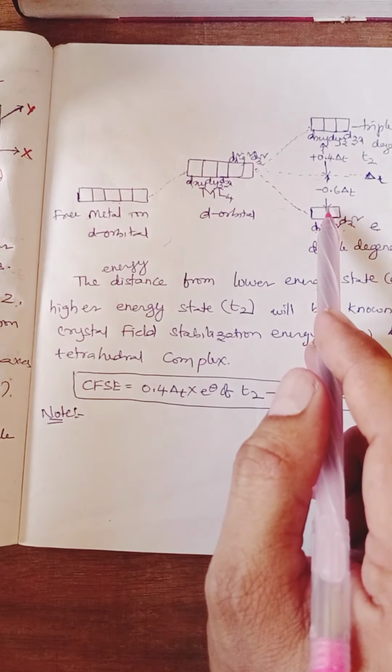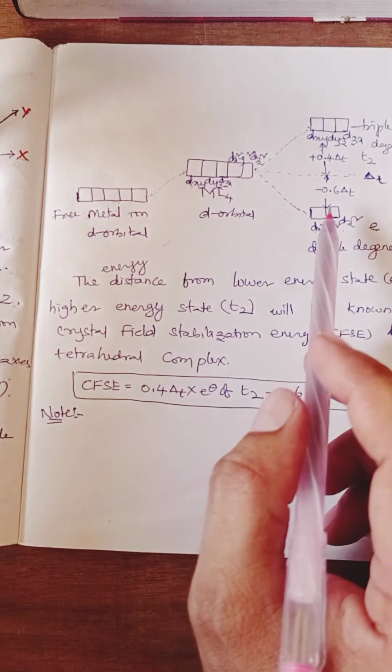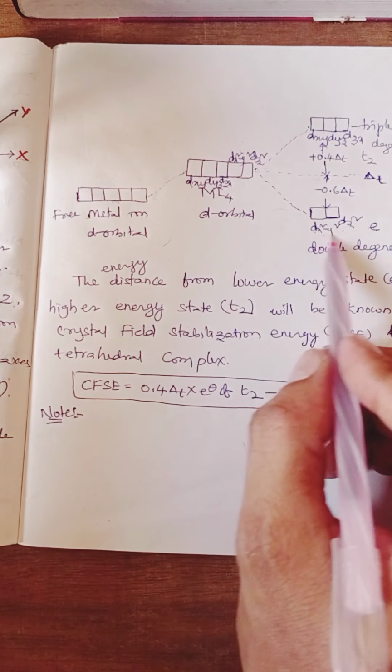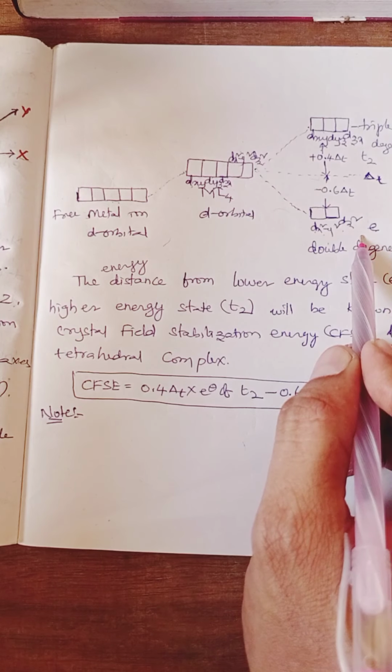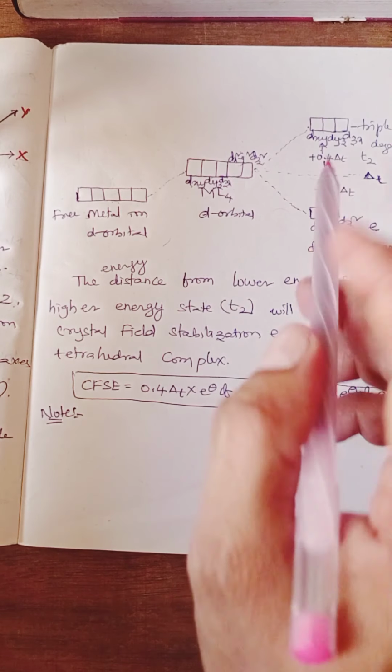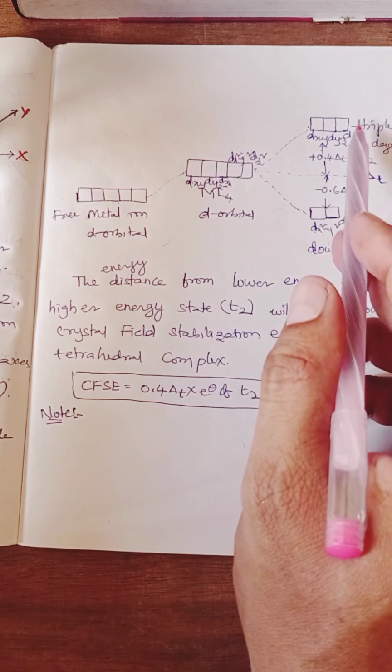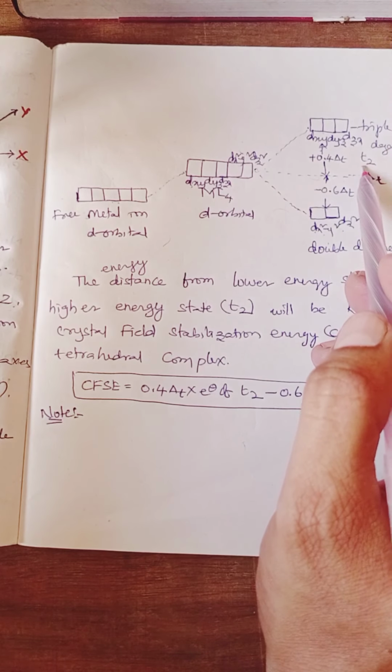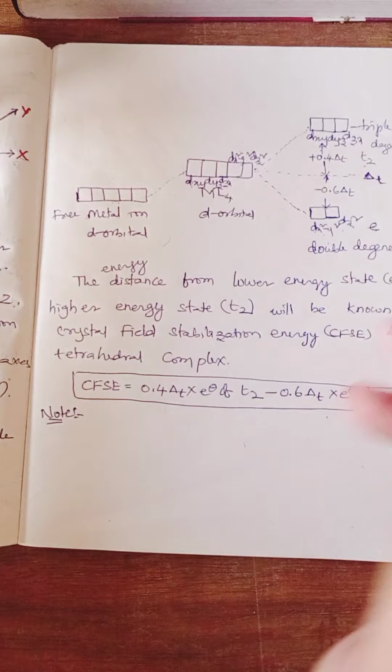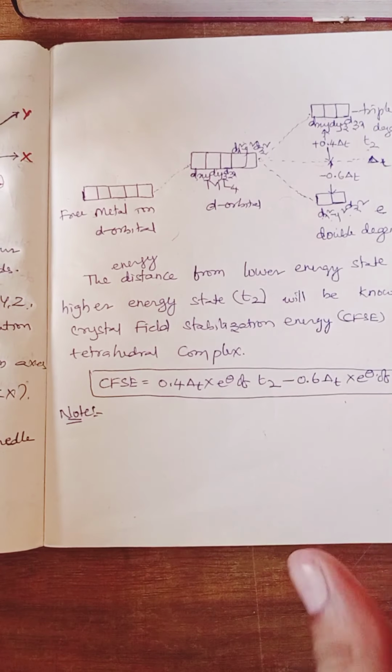Which is quite reverse with respect to the tetrahedral splitting pattern. In the tetrahedral splitting pattern, the axial orbitals get lower energy as the E energy state. The non-axial orbitals get enhanced energy and are stated as the T2 energy state, right? Which is quite reverse from one to the other.